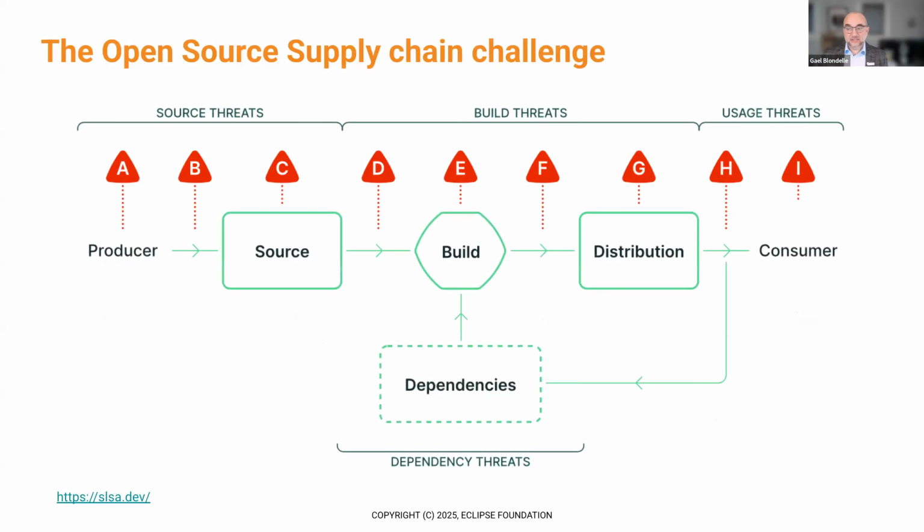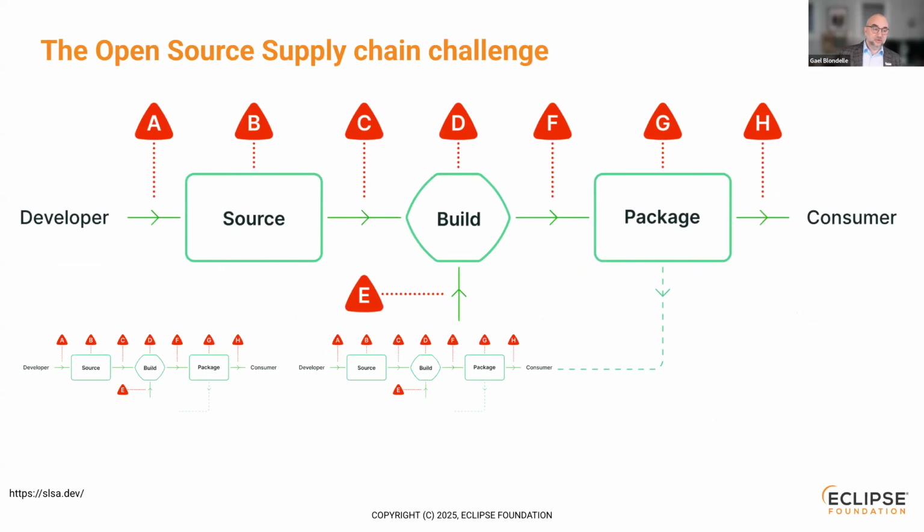And if you look at it, this is a diagram of where you can experience security threats when you build software. And with open source, it becomes kind of a fractal diagram, because applications rely on open source dependencies, and those open source dependencies rely on other open source dependencies.